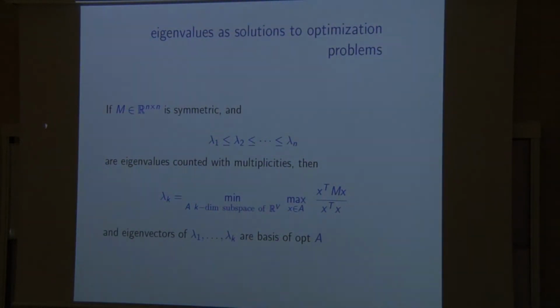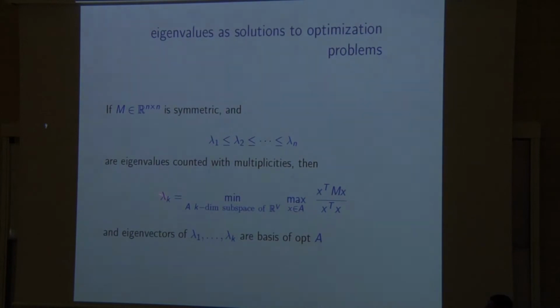Okay, so the characterization of eigenvalues as optimization problems is that for every vector x, which has one entry for each dimension of the matrix, you can consider this rational function. It's the quadratic form, the summation over ij of M_ij x_i x_j, scaled by the norm squared of the vector, so that all vectors on a line have the same value here.